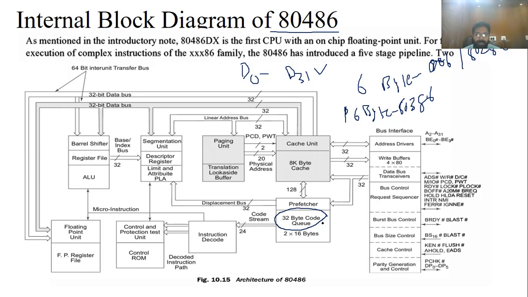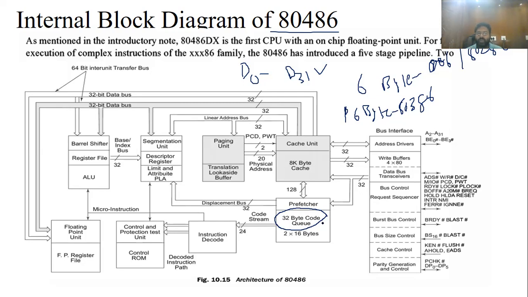You must remember that the speed of the microprocessor is estimated this way. This is a very advanced microprocessor when compared to the 8086, 80286 and 80386 microprocessors. It has a 32-byte code queue.